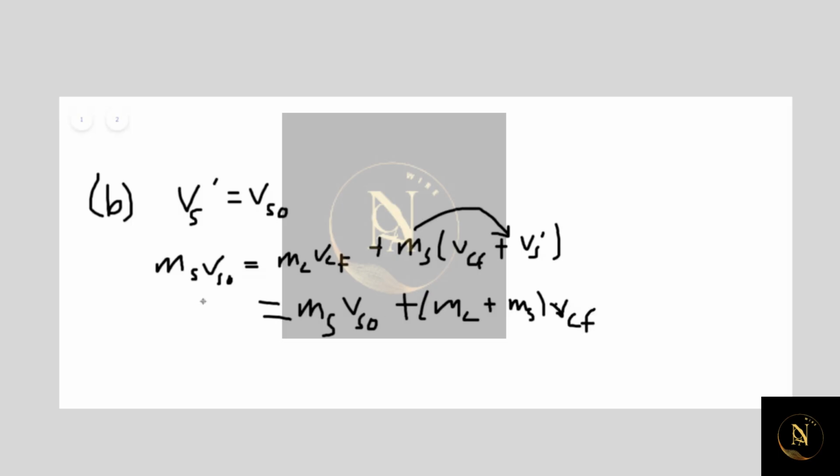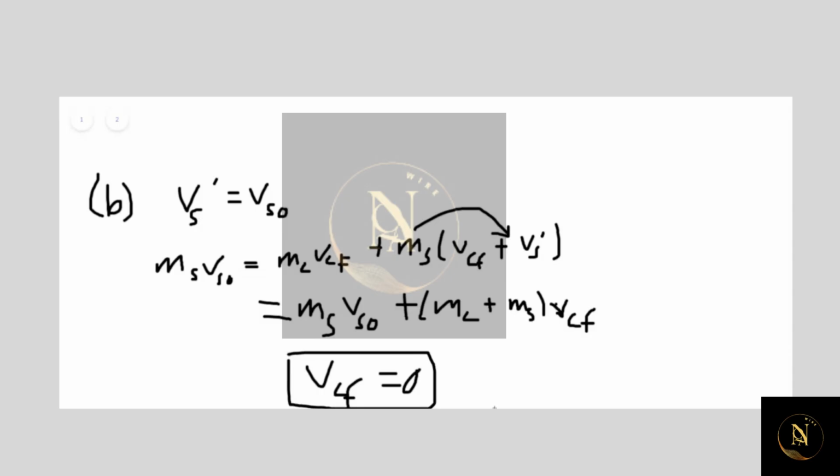But you can see that the mass of the sumo wrestler times the initial velocity of the sumo wrestler on both sides of the equation cancels out, so that's equal to 0. Therefore, the final velocity of the car also has to equal 0.